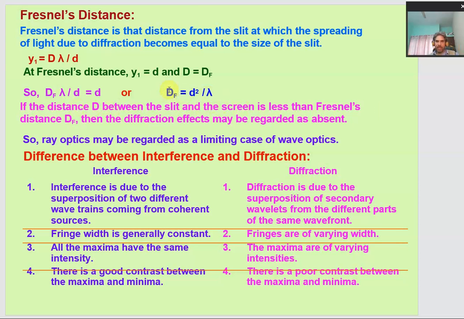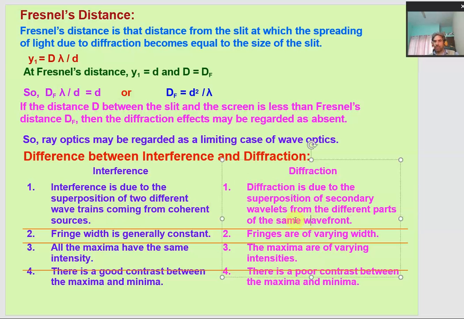Now we can sum up the difference between interference of light waves and diffraction shown by light waves. Interference is due to the superposition of two different waves or trains coming from coherent sources of light, whereas diffraction is due to the superposition of secondary wavelets coming from different parts of the same wavefront. Which is the same wavefront here? The wavefront which is in the slit.